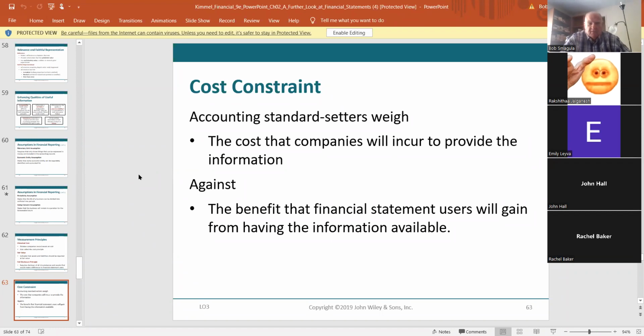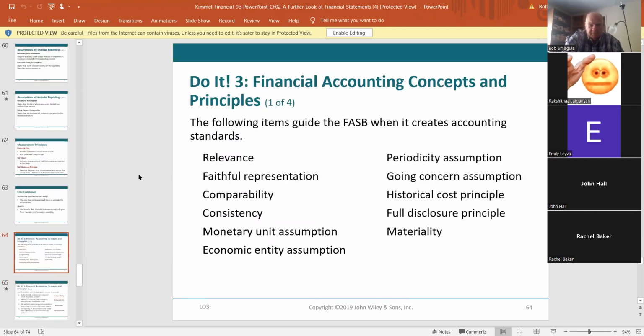What the heck is that? Accounting standard says the cost the companies will incur to provide information matters. You're not going to spend $1 million to verify a $100 item is basically what they're saying. You weigh the cost to get the information against whether the information is worthwhile having.